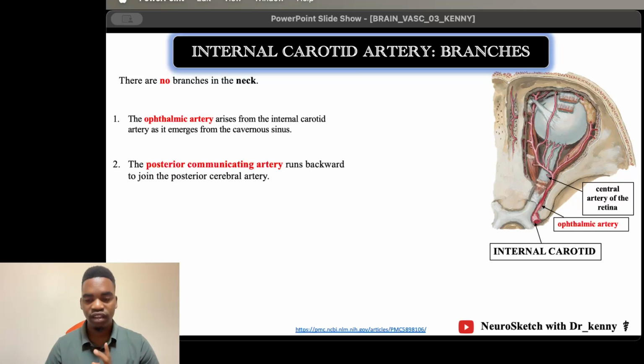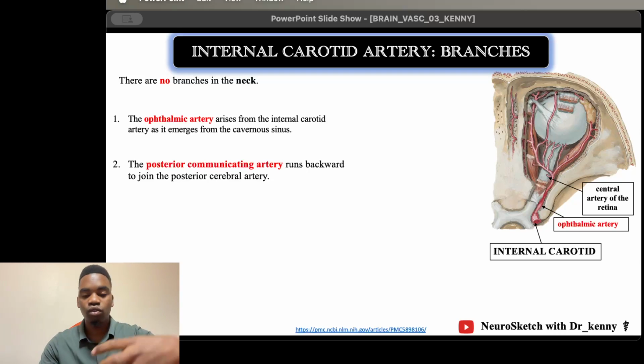We have the posterior communicating artery. This posterior communicating artery is the branch of the internal carotid artery that connects the anterior circulation and the posterior circulation. We are not yet sure about the posterior circulation, but in 2 videos to come we will know what the posterior circulation is.